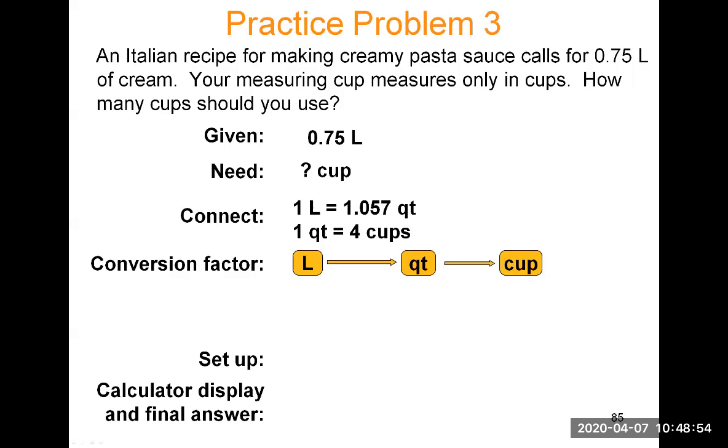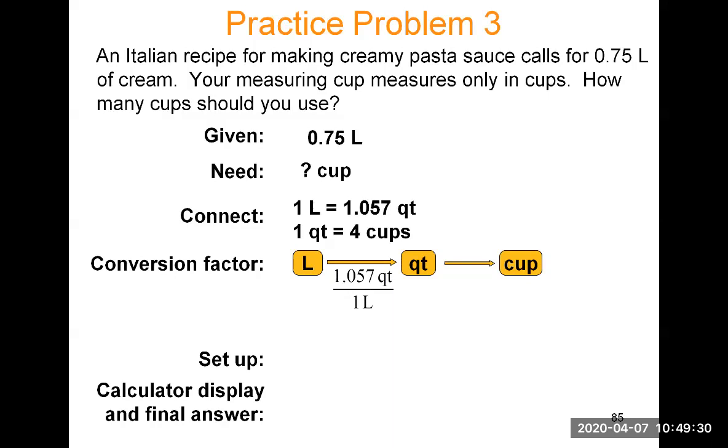To decide which way you will write your conversion factors, you remember that you start with liters, and so you want to cancel liters. So you will want to write the 1 liter in the denominator of your conversion factor such that the liters will cancel. The quart on top, the 1 liter on the bottom. The next conversion factor needs to cancel the quarts because the quarts are an intermediate unit that we do not want to keep.